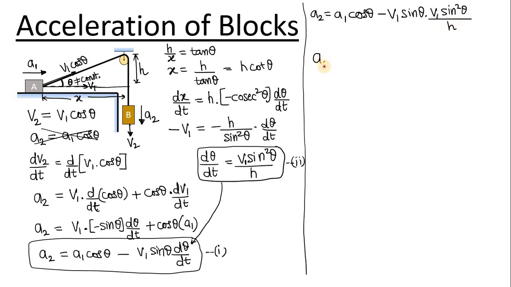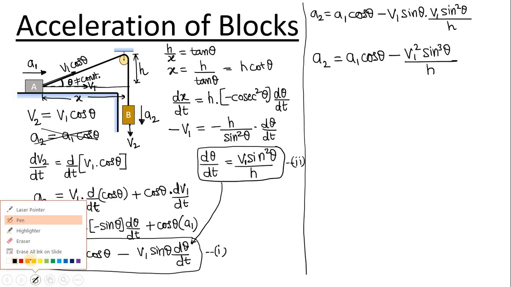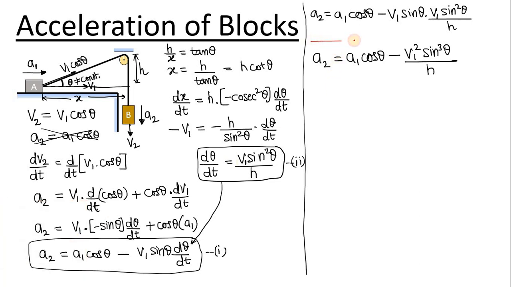The final answer is a2 is equal to a1 cos theta minus v1 square sin cube theta divided by h. So that's our final answer. This is a very good question for JEE Advanced examination. Let us proceed further.